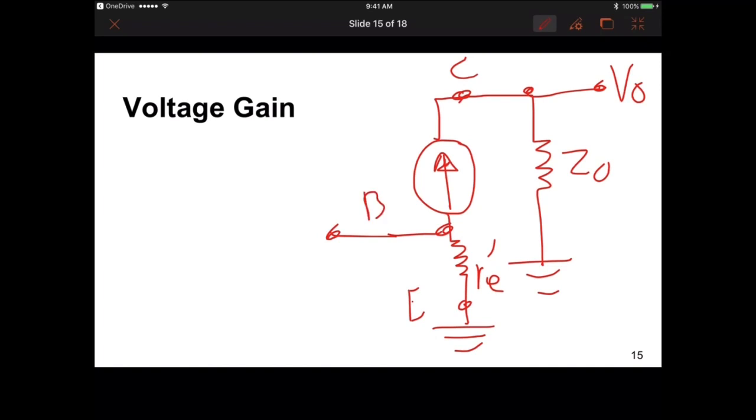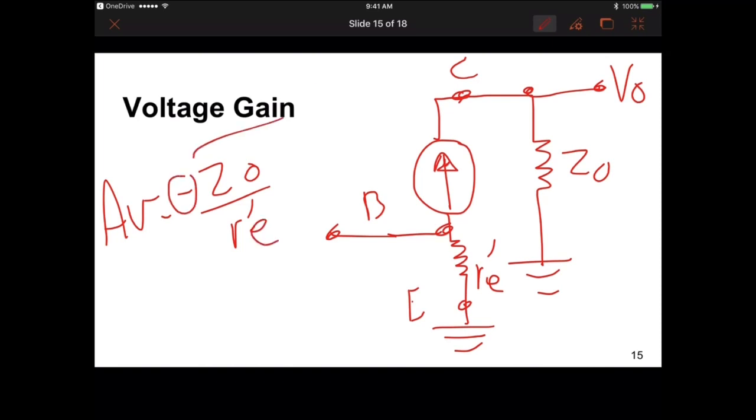Therefore we can say that AV equals minus ZO divided by R prime E. The minus simply means the output is 180 degrees out of phase with the input.